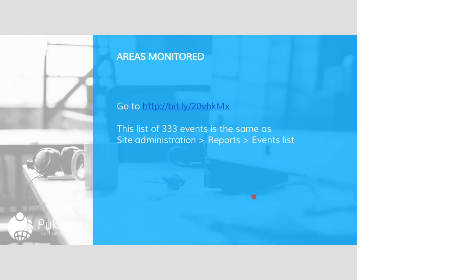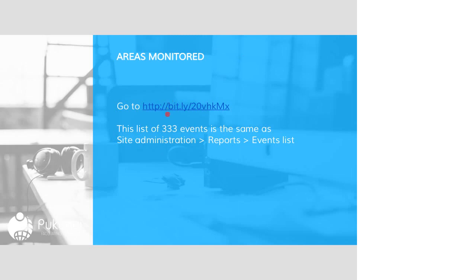So let's take a look now at the different areas that we can get Moodle to monitor. This is a clickable link, so you can click on that, and it will take you through to a Google Doc.